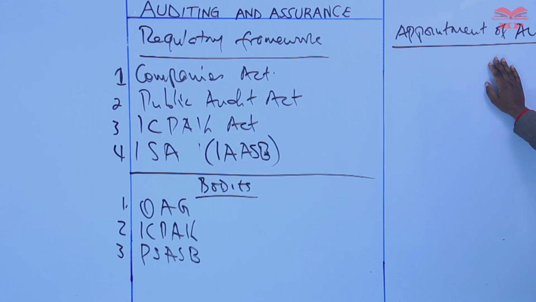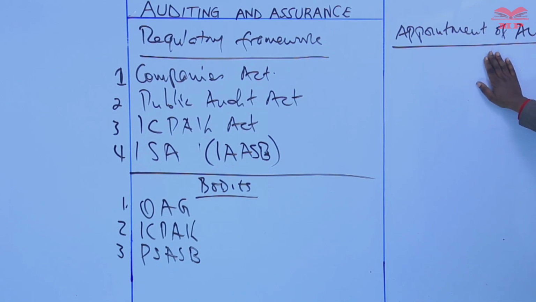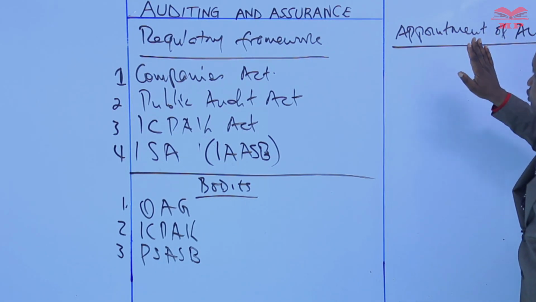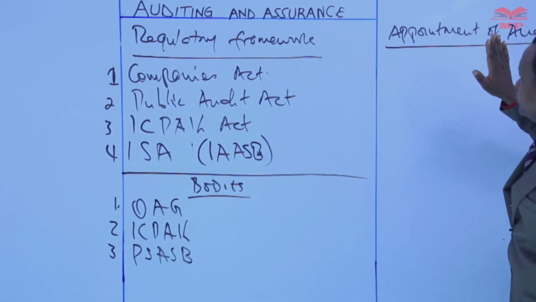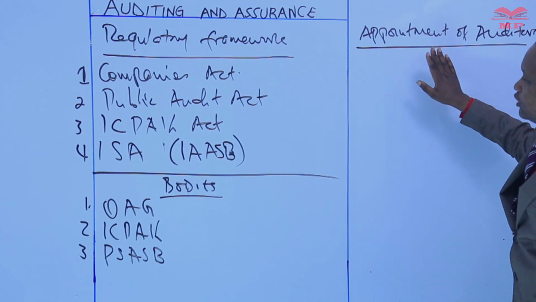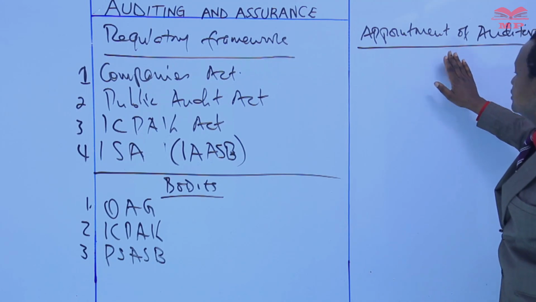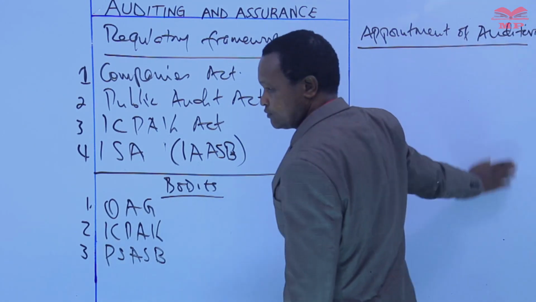So the appointment of auditors in Kenya is a critical process that is guided by the legal and professional framework to ensure the independence and competence of the auditors. There are laws that have been put in place to ensure that auditors who are appointed are not only competent, but also independent. There have to be laws that guide the appointment of auditors. You understand?